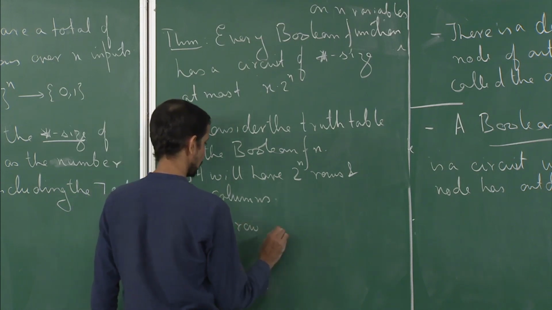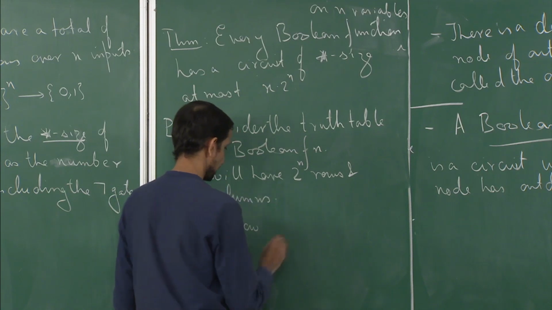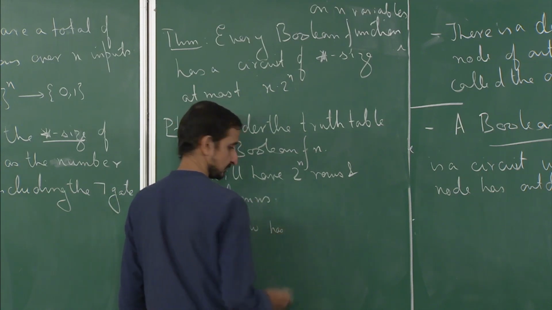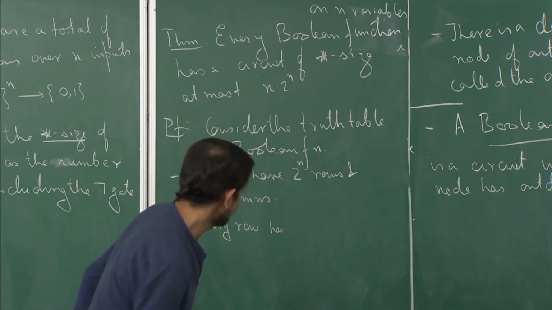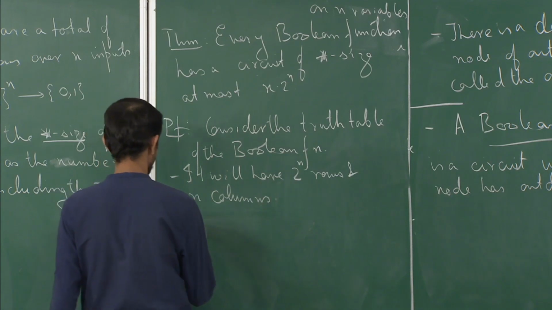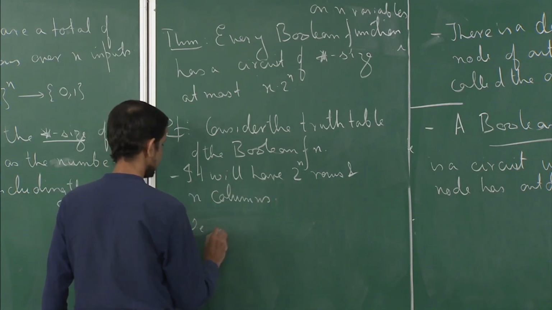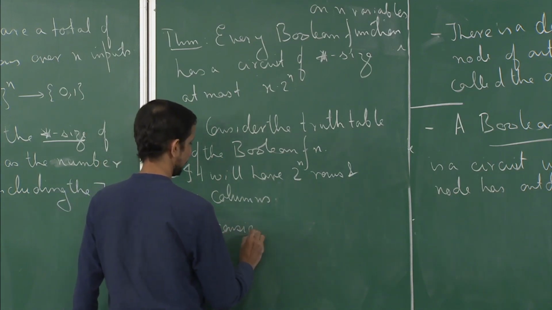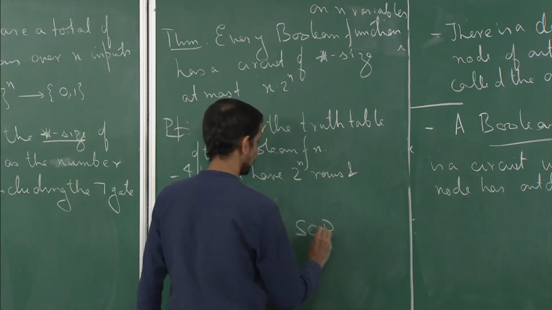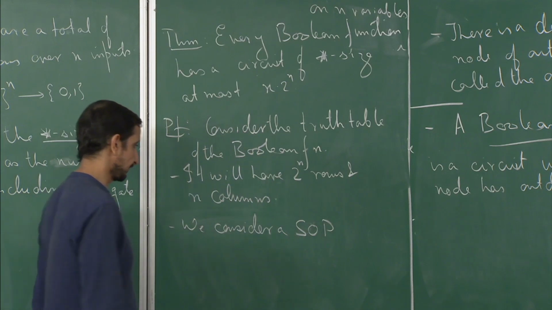every row has, okay, we consider what is known as a sum of product representation.